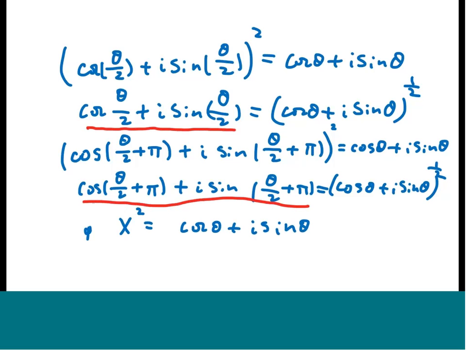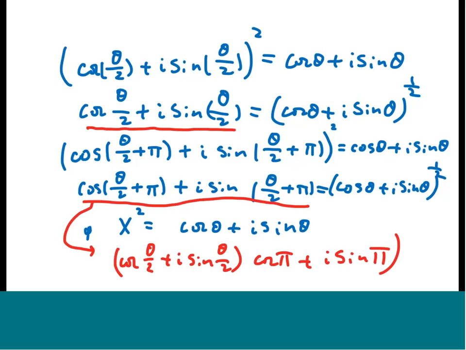We can also write this one as cosine theta over 2 plus i sine theta over 2, times cosine pi plus i sine pi. So this is only -1 by the way. So just multiply by -1. This is definitely true. If something squared equals that, then multiplying by -1 still gets the same thing.